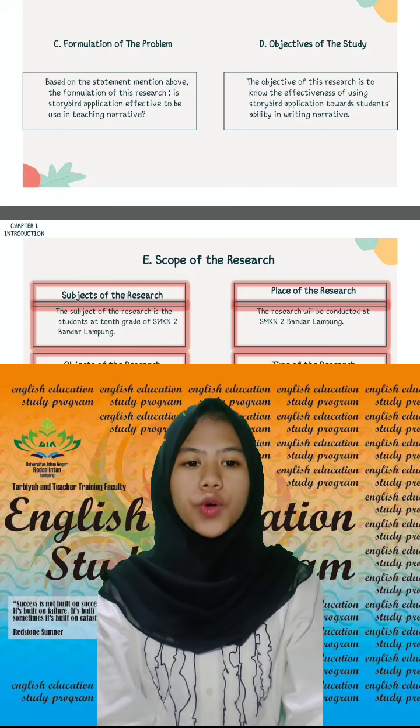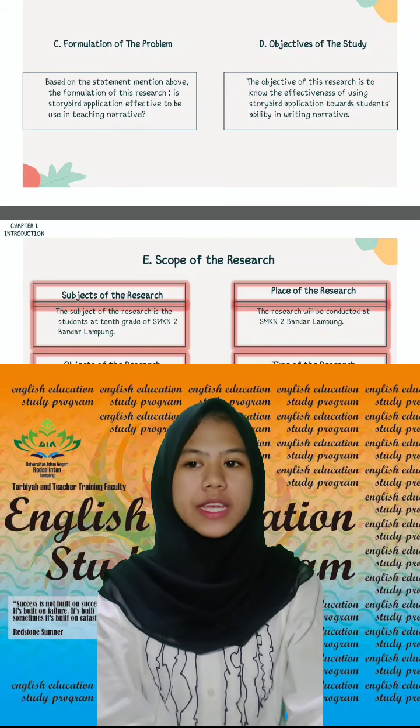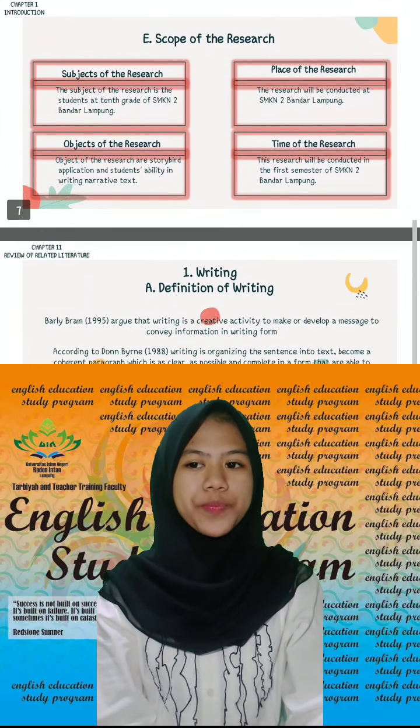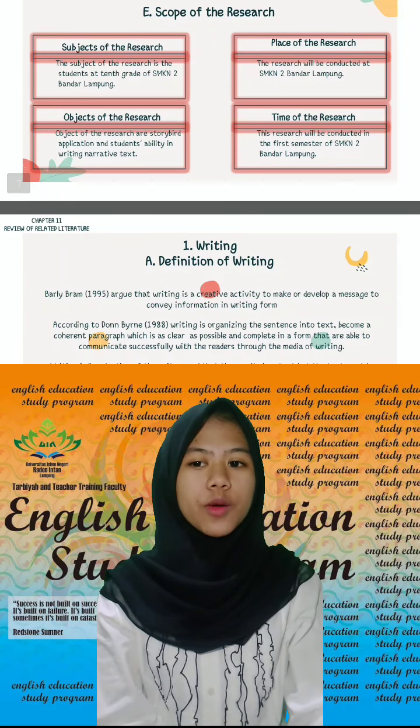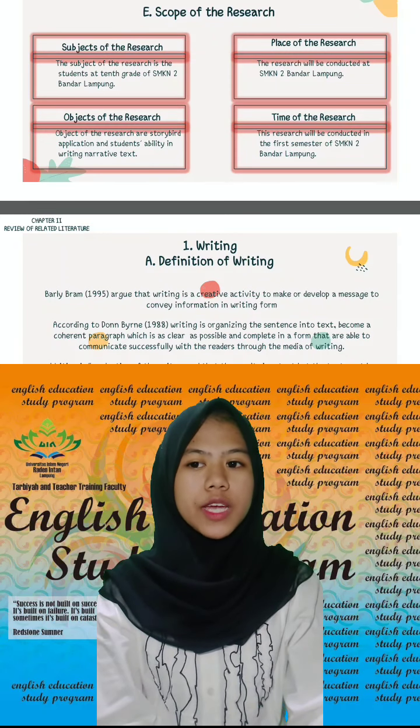The next is about the scope of the research. There are four scopes of this research. The first is subjects of the research. The subject of this research is the students at 10th grade of SMKN2 Bandar Lampung. The second is objects of the research. Objects of this research are Storybird application and also students' ability in writing narrative text.